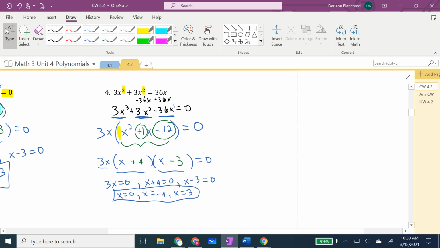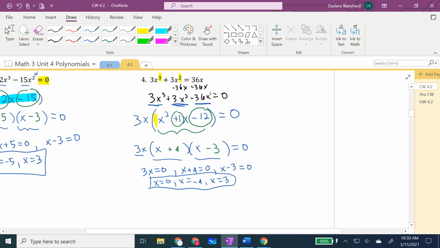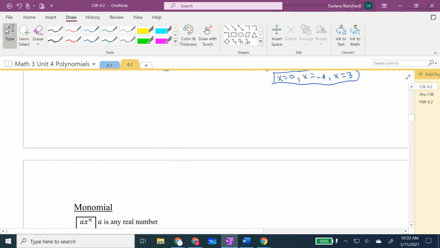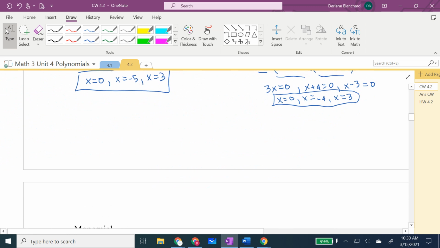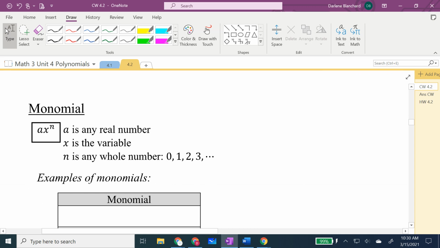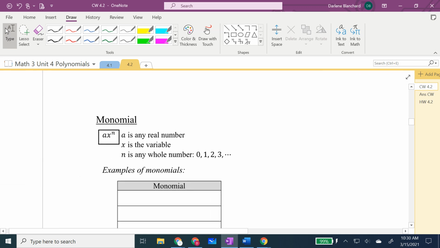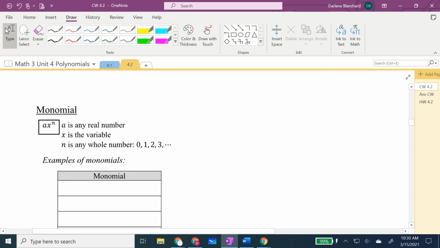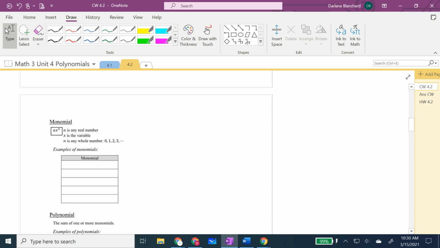Okay, any questions before I keep going? So that will get you started on solving equations when you have polynomials. Now, I want to make sure that you have correct vocabulary.